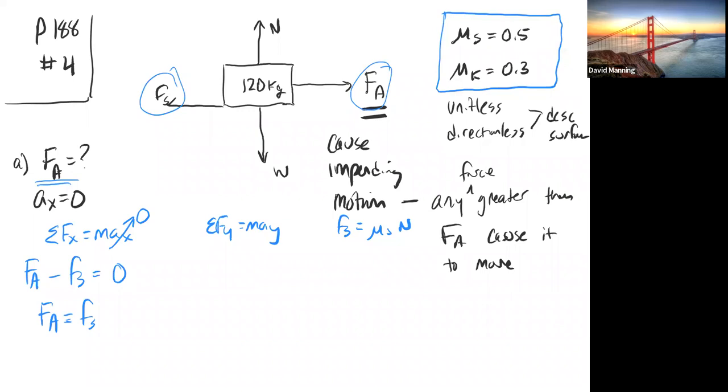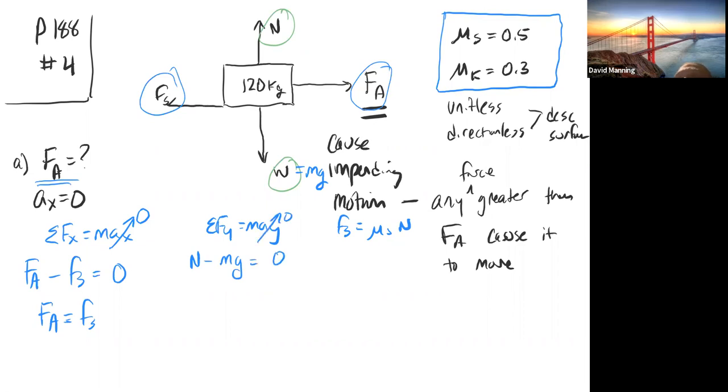Let's go to the y. What do we have in the y? Well, we have n and w. W, we remember, is equal to mg. So in the y direction, we have n minus mg equals 0. ay is 0.